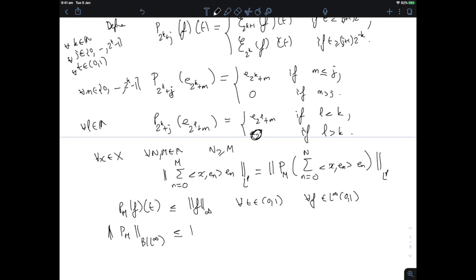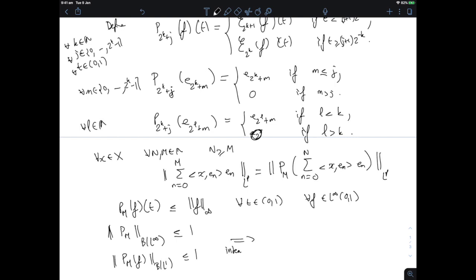Okay, now on the other hand, you could also control the integral over a small subset by the integral over the entire set. And so you can show from that that if you take the L1 norm of P_M f, this is controlled by the L1 norm of f. So you also have a bounded linear map on L1 with norm smaller than 1.